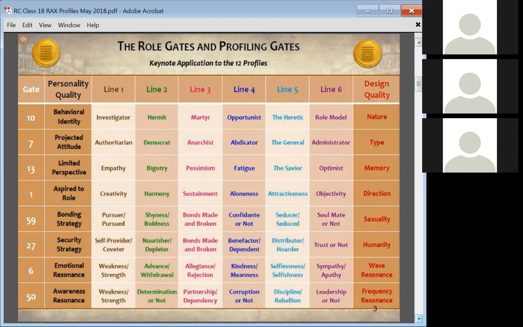I just know that for myself, which could be very different for each of you, when I saw this table for the first time, as a generator, know thyself, I really looked deeply at some of these things that were a part of my profile, and I did exactly what it said.